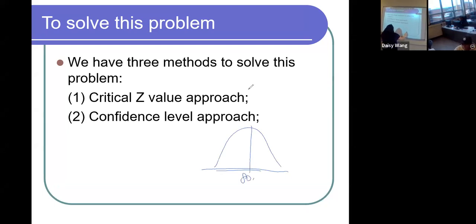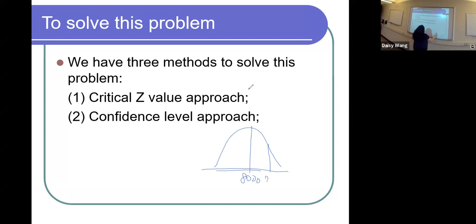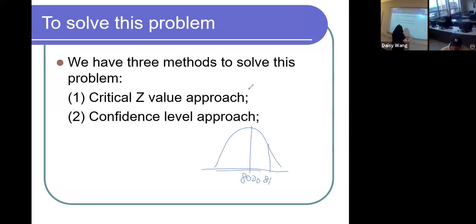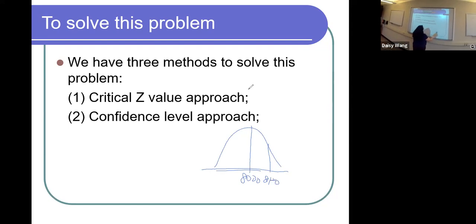Here this is 800, right? And then ours is 8120. So we want to convert this to be 0. We want to calculate the Z. We convert this into Z.